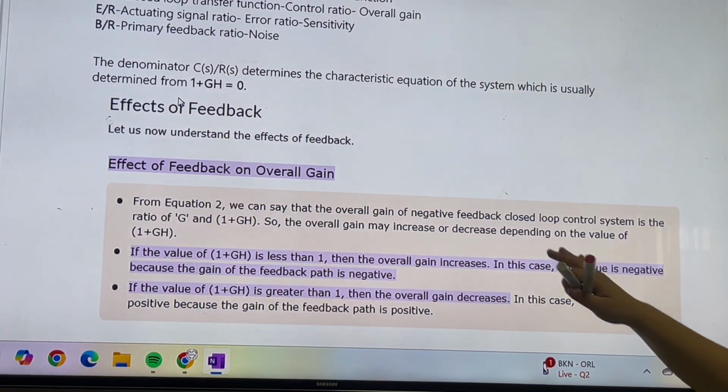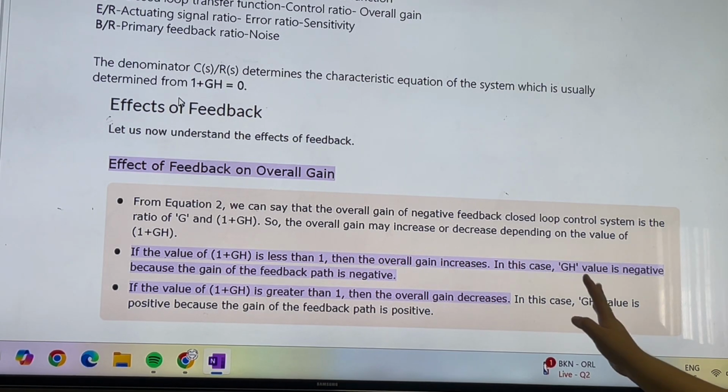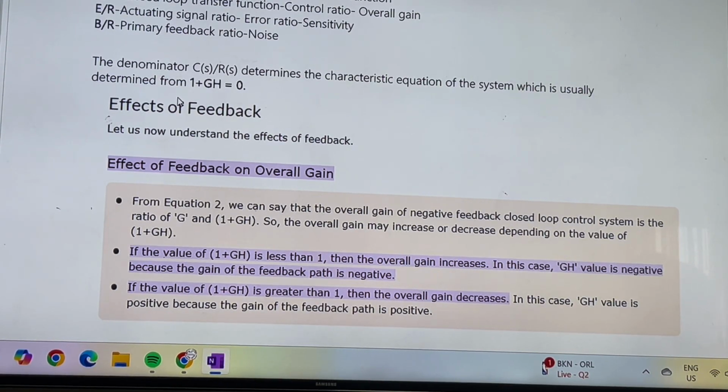We say that the overall gain of the negative feedback closed loop control system is the ratio of G and 1 plus GH. So the overall gain may increase or decrease depending on the value of 1 plus GH, or depending on the value of our denominator.